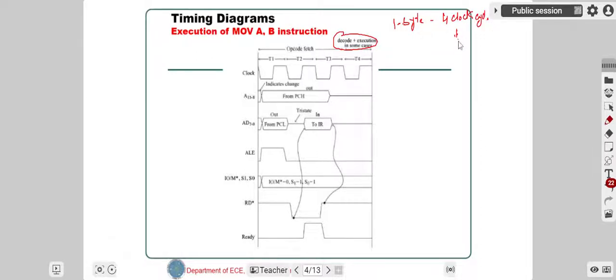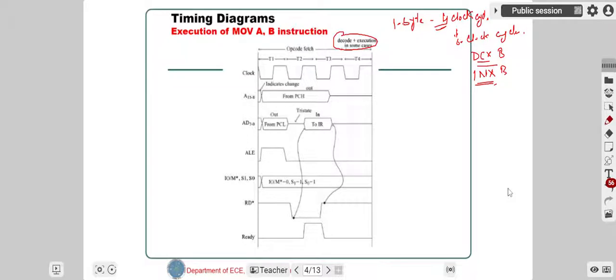Sometimes we require 6 clock cycles, like DCX B, INX B. These kind of instructions are also 1 byte instructions, but these are not executed during the 4 clock cycles of opcode fetch. These require 6 clock cycles.